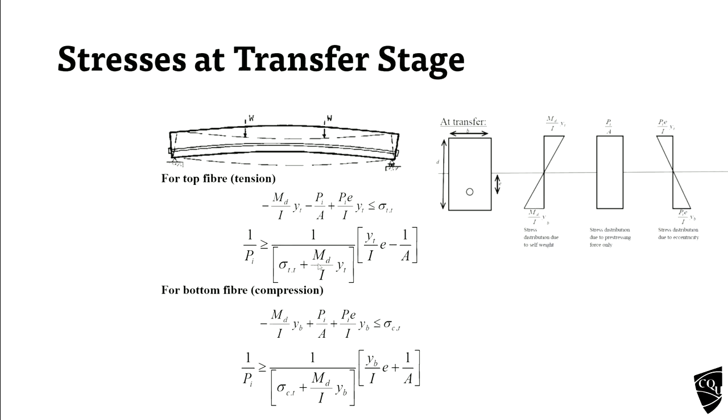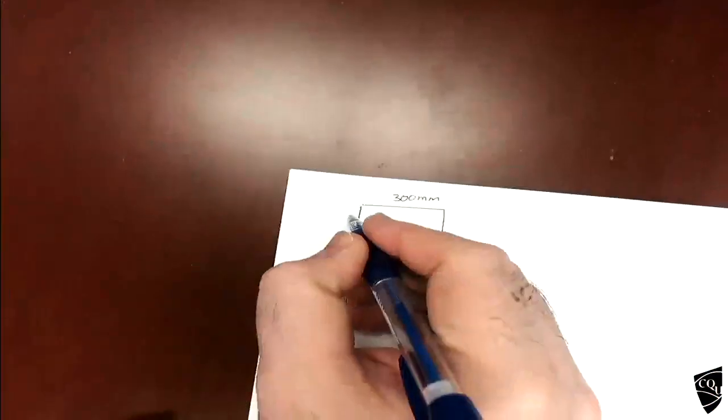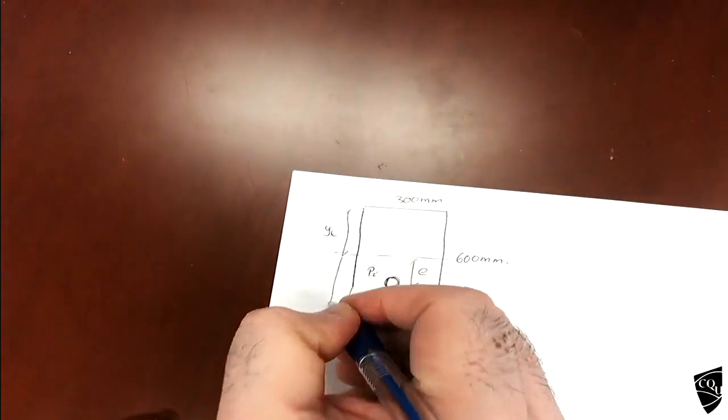This is for simply supported. So you know all the values, you know YT, I. Here the YT is this one, this is YB.